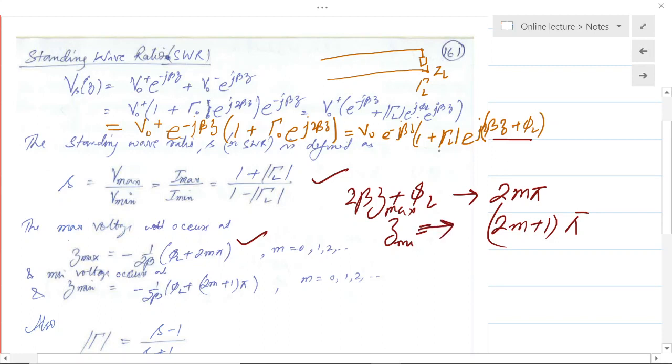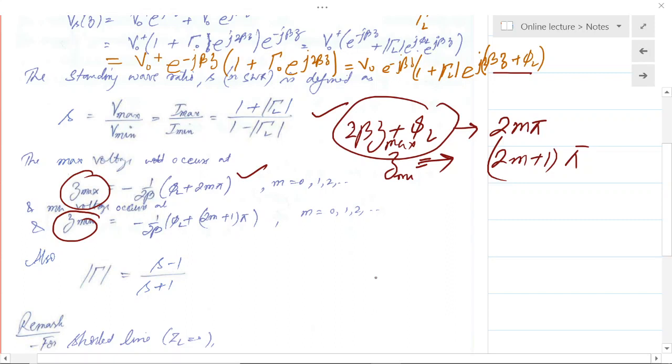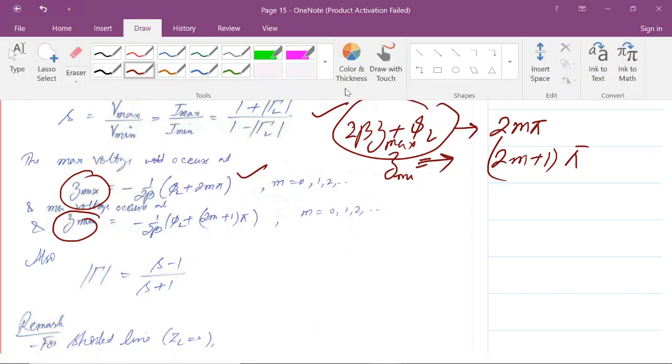So you can find the location where the maximum voltage or the minimum voltage will occur. Similarly, the current will be minimum at this location and the current will be maximum at this location. This is the voltage standing wave ratio.